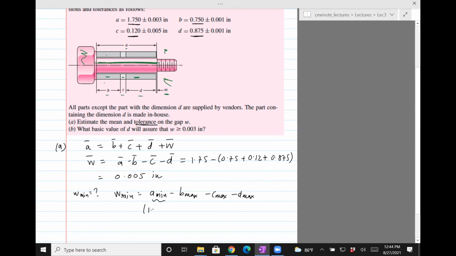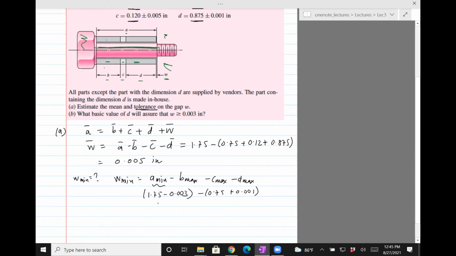So 1.75 minus 0.003, and then B maximum would be 0.75 plus 0.001, and then C maximum would be 0.12 plus 0.005, and then D maximum would be 0.875 plus 0.001.